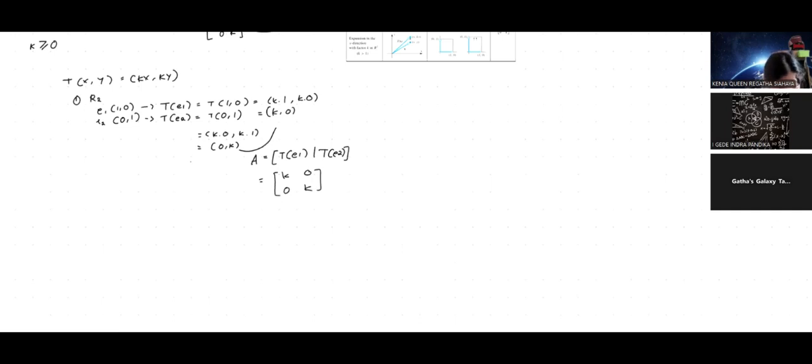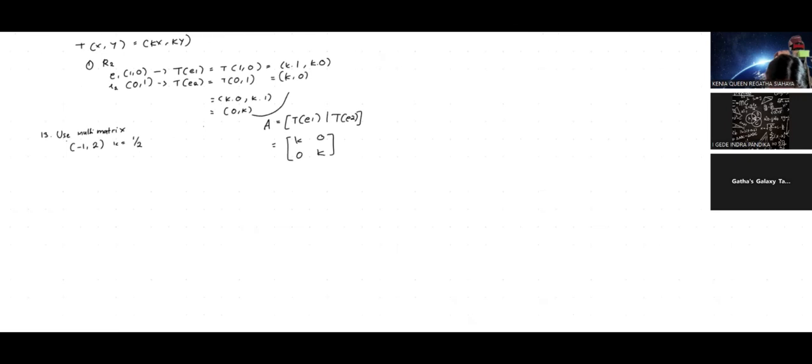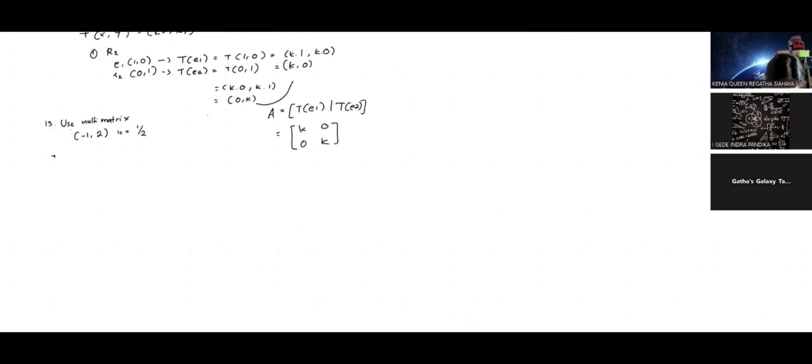The question involves using matrix multiplication to find the contraction of (-1, 2), where the factor k is 1 over 2. So let's go ahead and solve it. T equals 2.